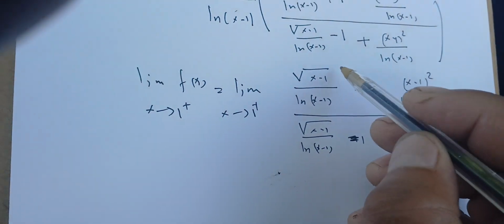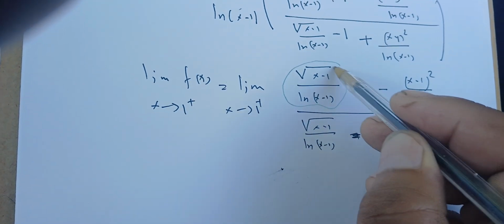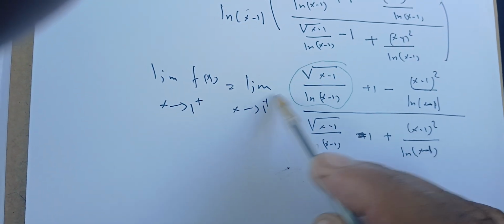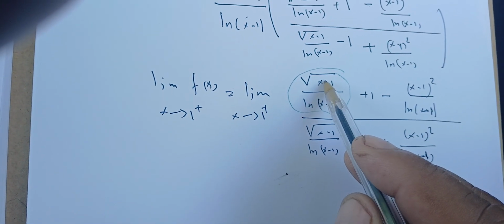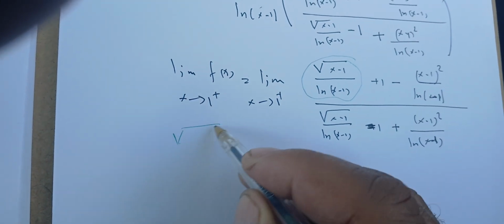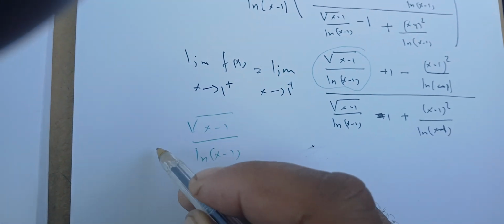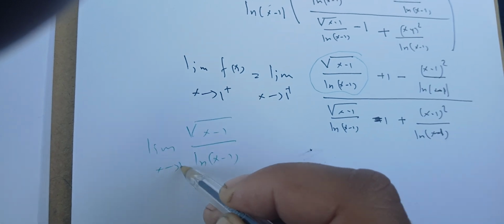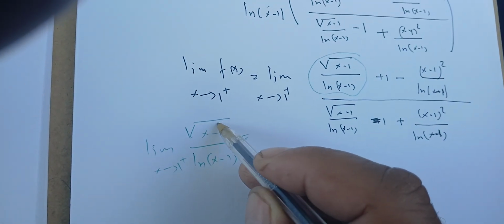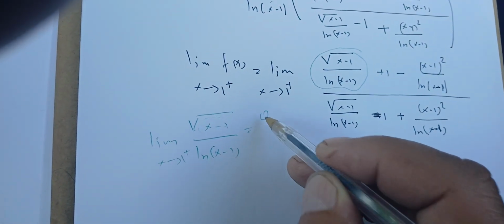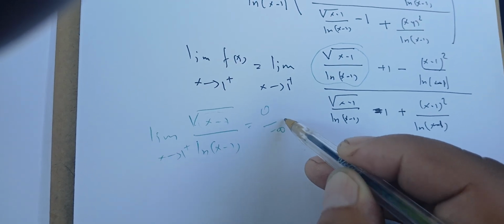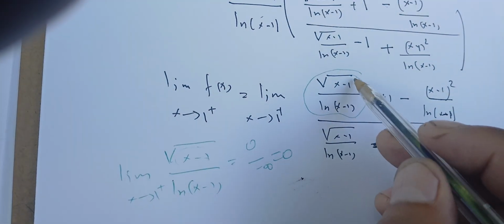So what's this limit here? When x goes to 1 from the right, the square root of x minus 1 over ln of x minus 1 gives us 0 over minus infinity, which is 0.